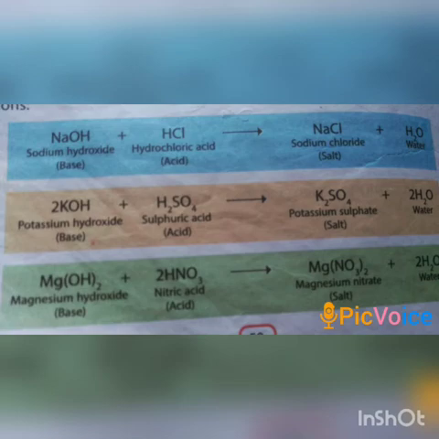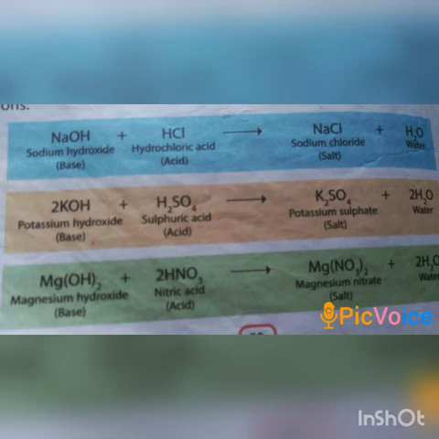Neutralization reaction is the reaction between an acid and a base which results in the formation of salt and water. When an acid reacts with a base, it forms salt and water, and such a reaction is known as neutralization reaction.